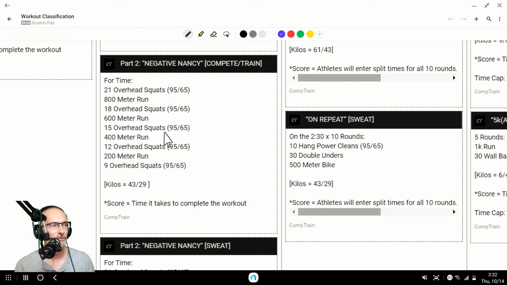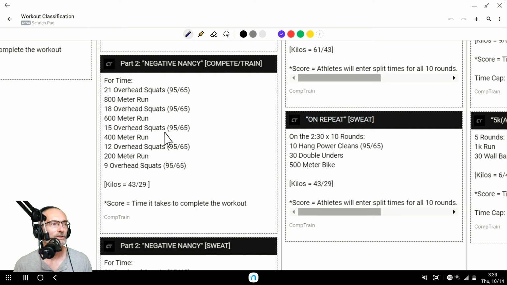We have 800 meters up front, then 600 meters, then 400, then 200. So it's descending. And then with the overhead squats, if I add this up, we have 30 plus 30 plus 15, so that's another 75. So it's just taking Nancy and front end loading it.